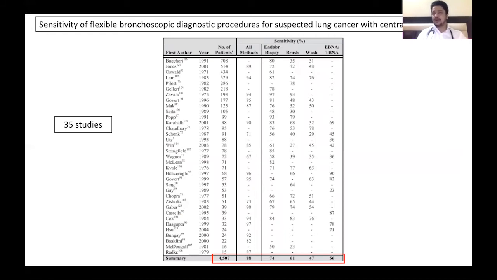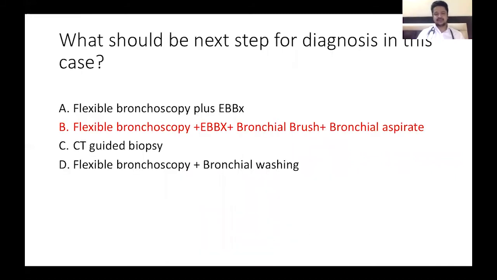And if you combine it with the brush and the bronchial washing, then your diagnostic yield increases to 88%. So in this case, the diagnostic modality of choice is flexible bronchoscopy plus endobronchial biopsy from the endobronchial growth, plus bronchial brush and bronchial aspirate from that area.